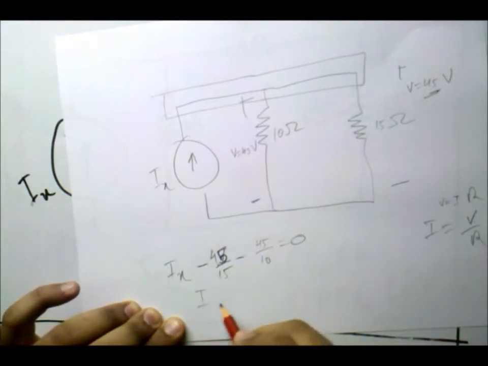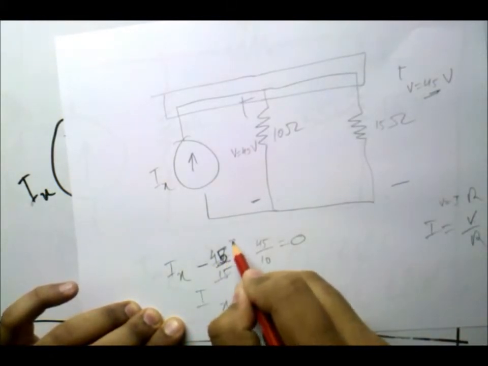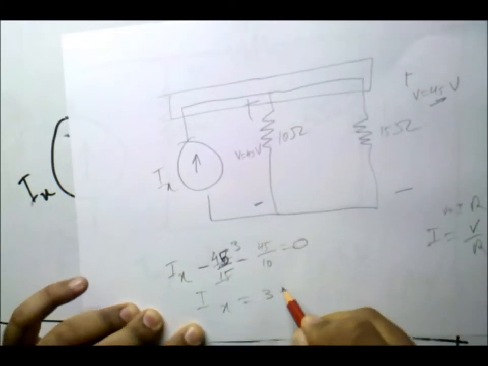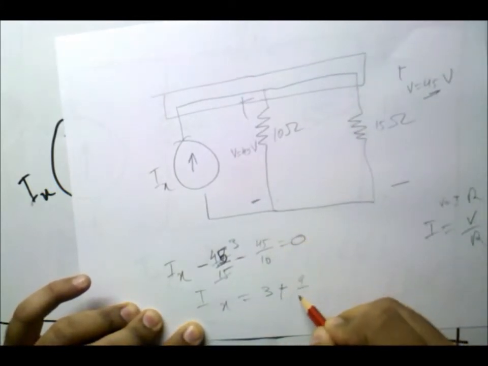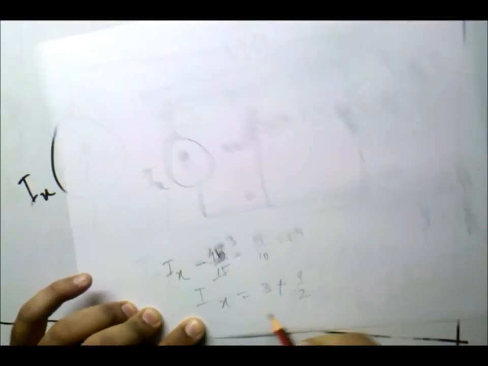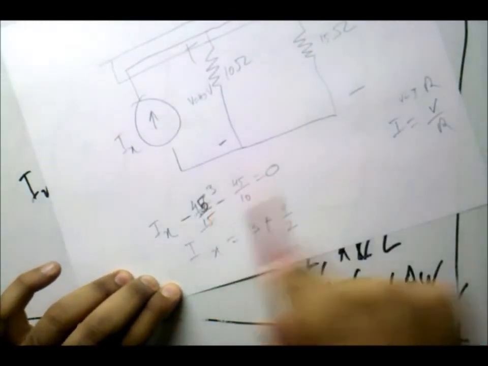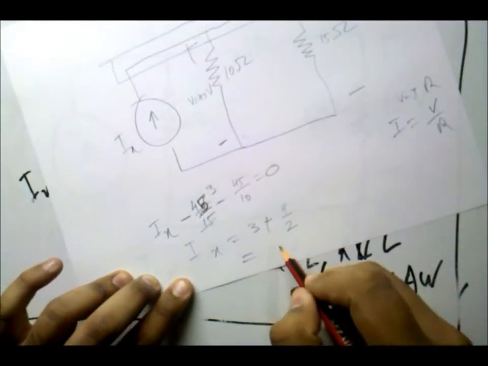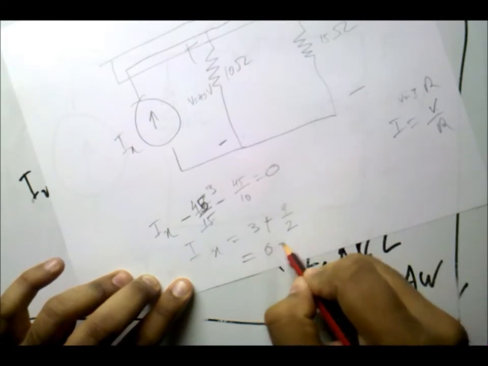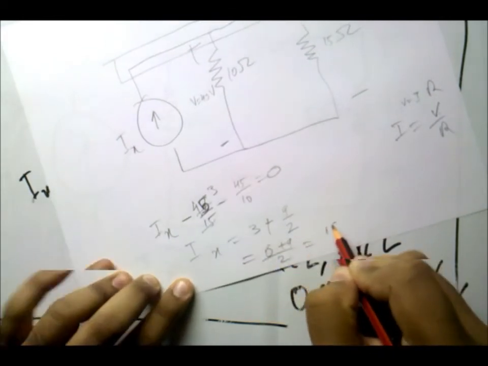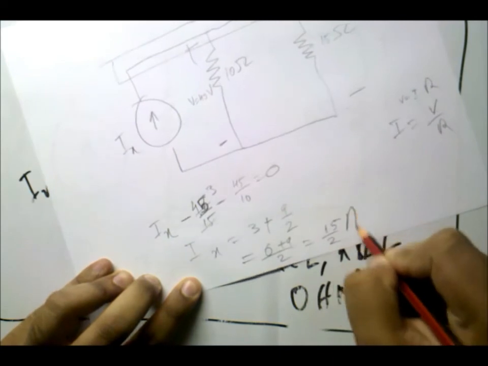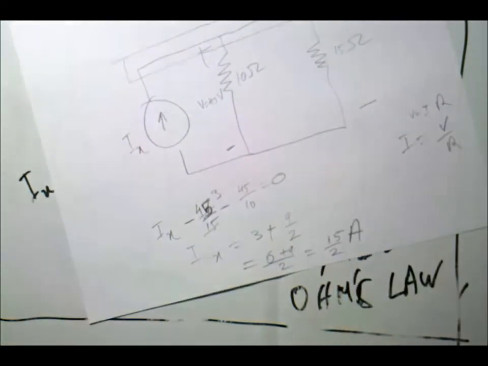Now from this we can find out Ix. We shift these two variables to the right side and we have 15 by 2 amperes.